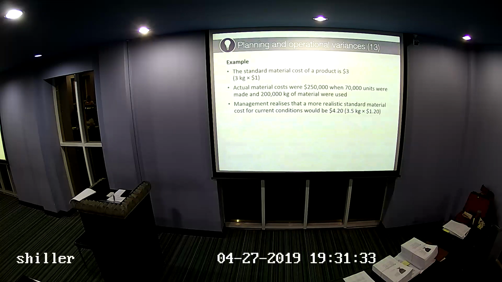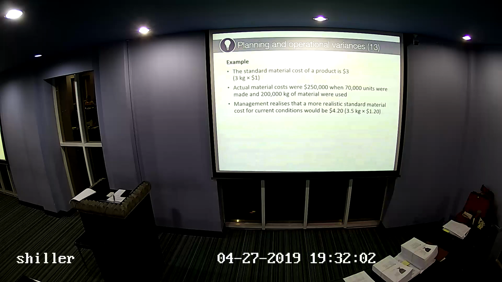The standard cost of the material is $3. They need 3 kilograms at $1, that's why it's $3. Actual material cost is $250 when 70,000 units were made and 200 kilograms of material were used. So what is 70,000, actual production or budgeted production?